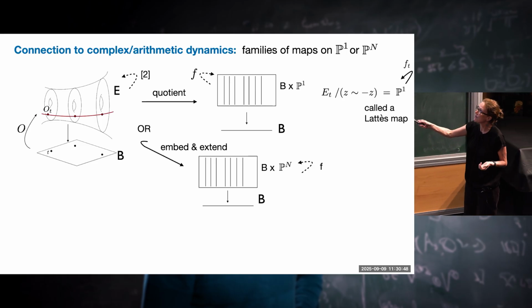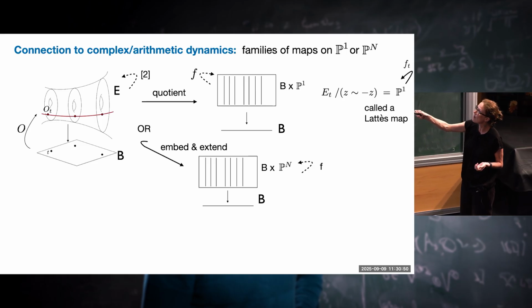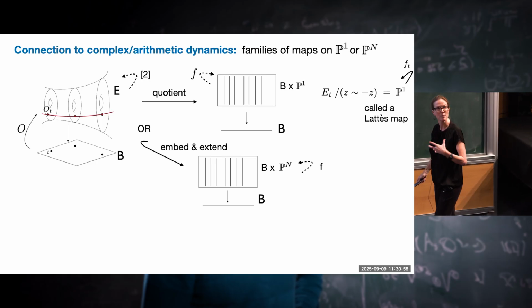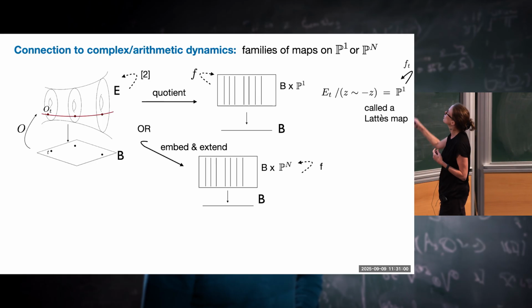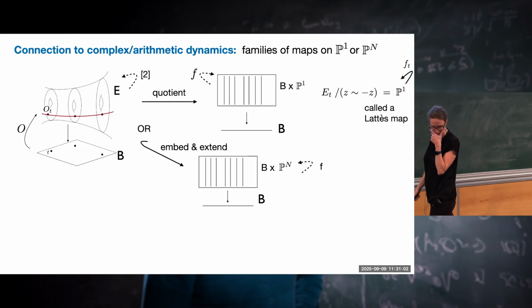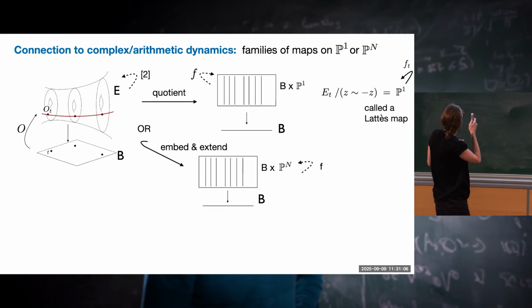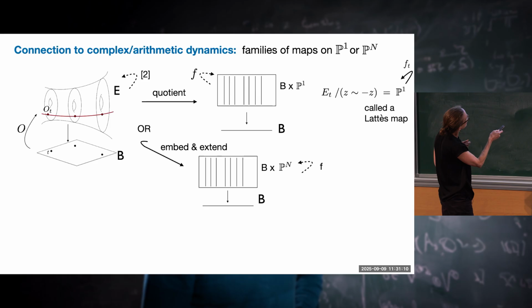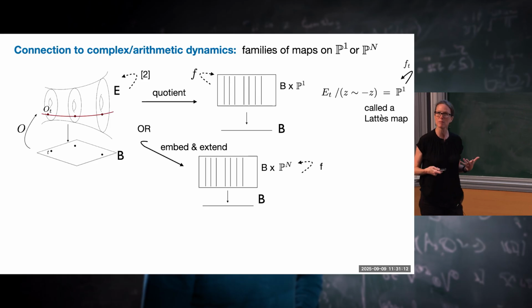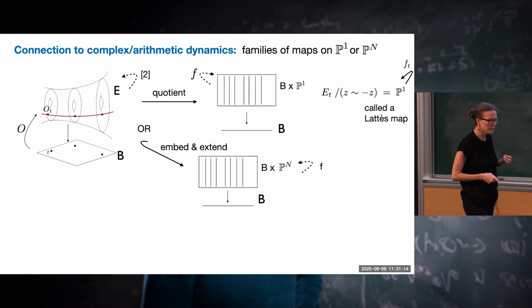Alternatively, in this case, in fact, rather than taking this quotient, we could embed this family of elliptic curves as a family of morphisms on a higher dimensional projective space. In fact, you can do this just in P2 in this case. You can have a family of maps on P2 where, if you choose your embedding well, your multiplication by 2 map will extend to a morphism on a projective space.